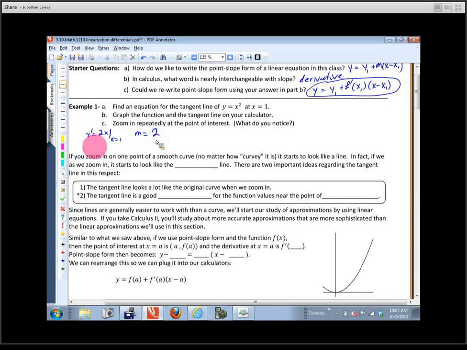And I need the point. If I plug in a 1, I get out a 1. So this is going to be y equals, if I follow this pattern right here, the y coordinate is 1, and then plus the slope is 2, and then it's going to be x minus the x coordinate is 1. So this is what we're going to type into the calculator. Okay?